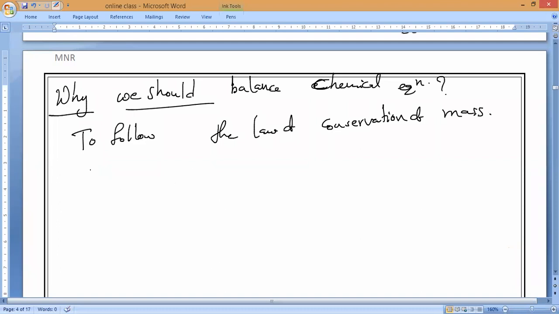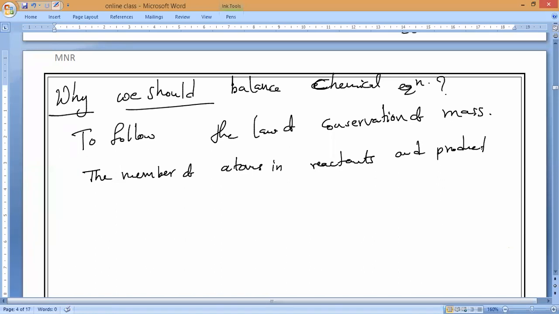Means the number of atoms on the reactant side must be equal to the number on the product side. Understand? Must be equal. That is the first thing.